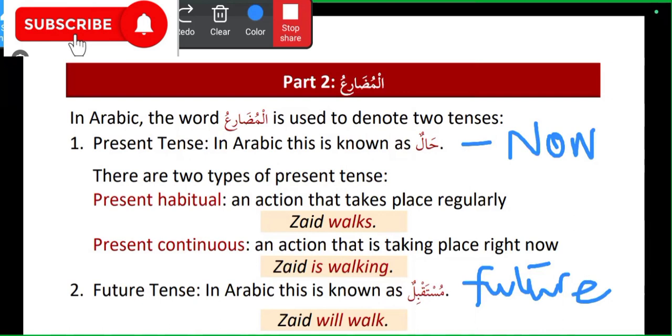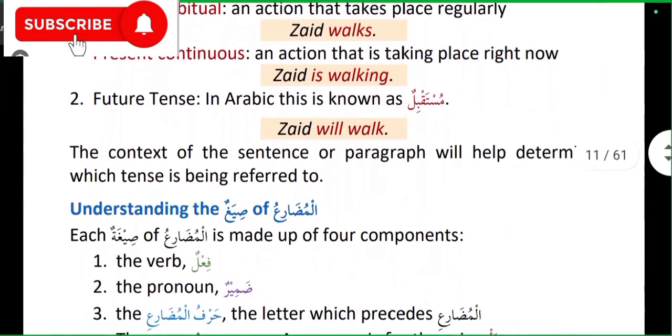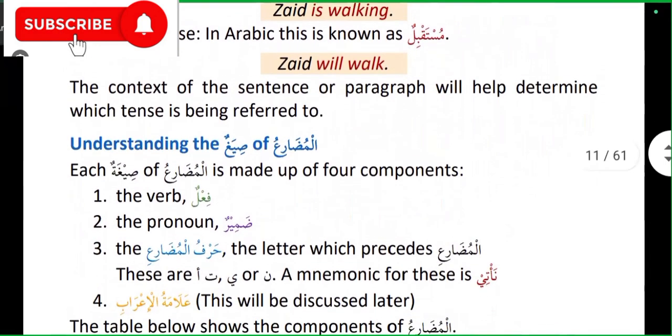Okay, the translation of fail mudari is contextual and very flexible. So inshallah, as we move on, this concept will be clarified more. The context of the sentence or paragraph will help determine which tense is being referred to.